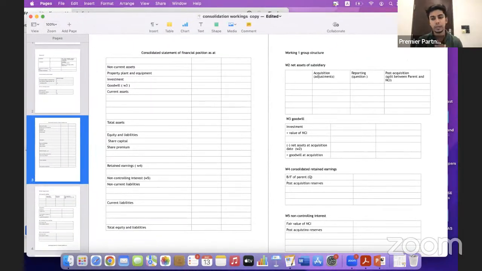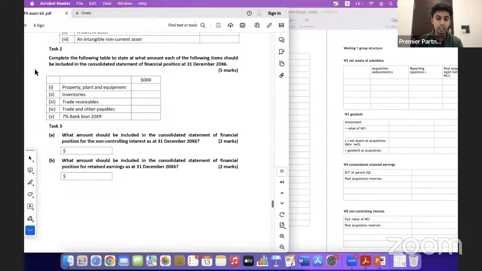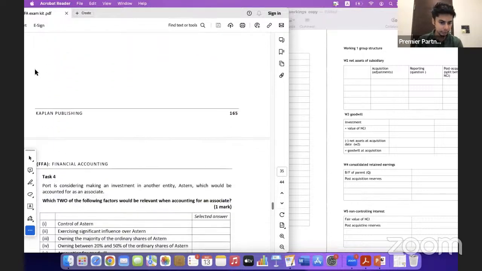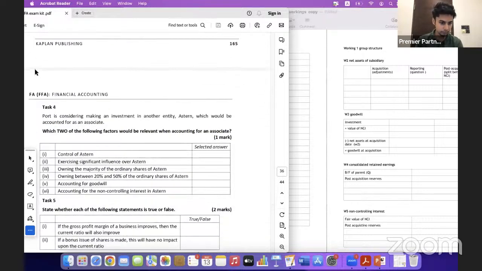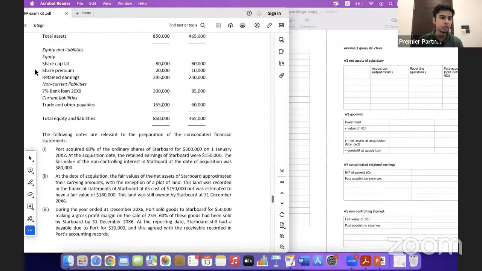Always, in your exam also, this is the first thing you should be doing. You need to go through the requirements, and once you go through the requirements, set up whatever we need. Once you do that, it's easy. You know what you are looking for. So let's now start the question. Normally, the first thing you should do when you start off a consolidation related question is, number 1, you need to set up your group structure.